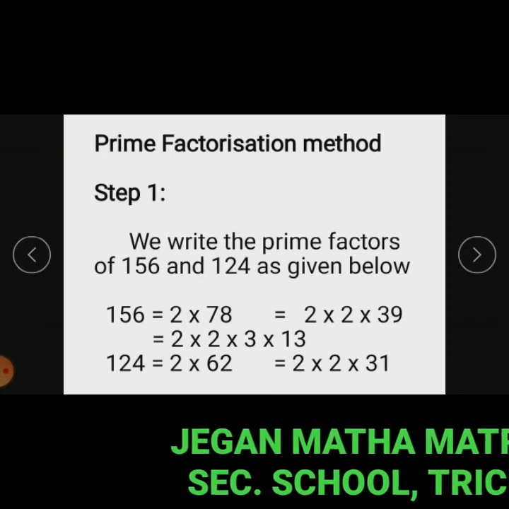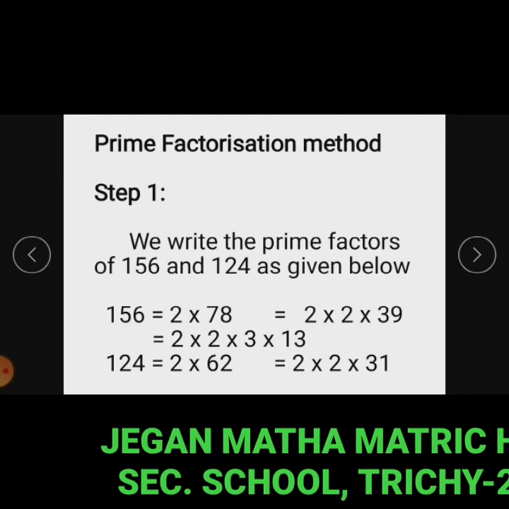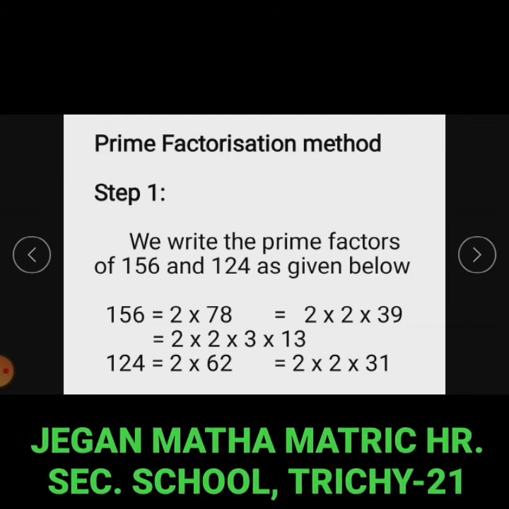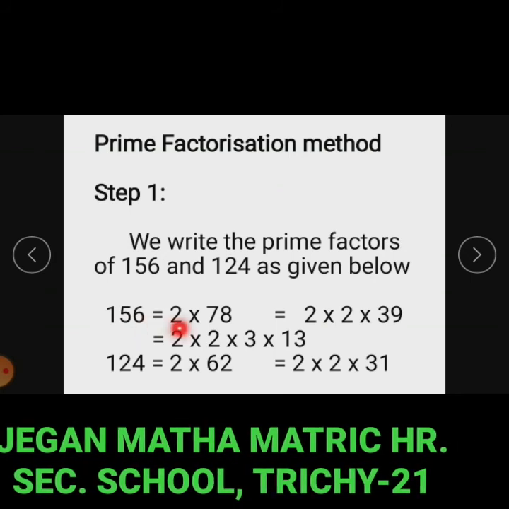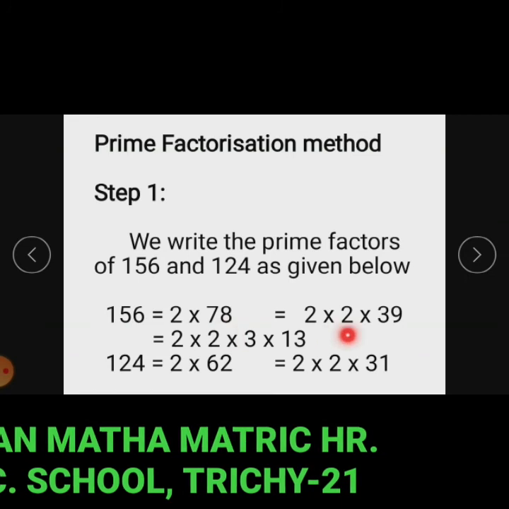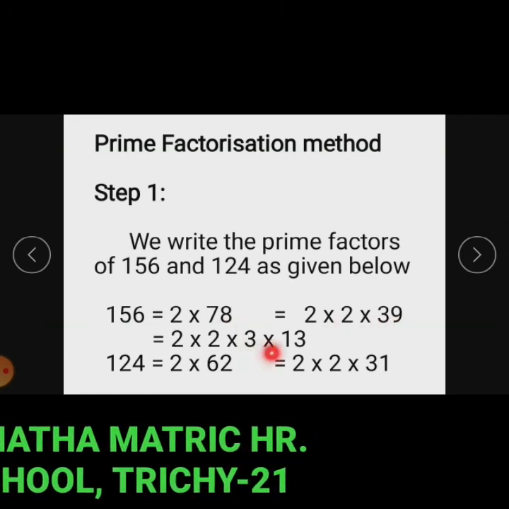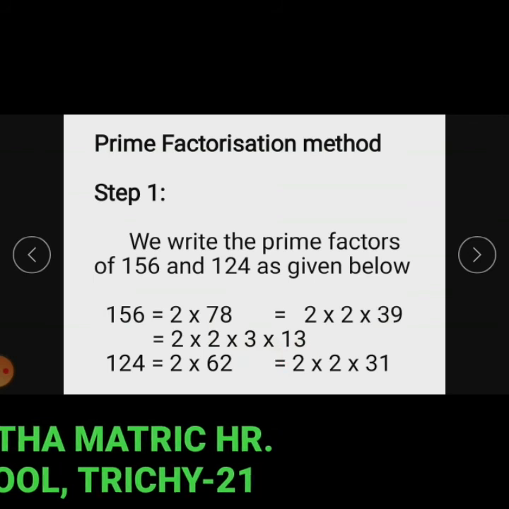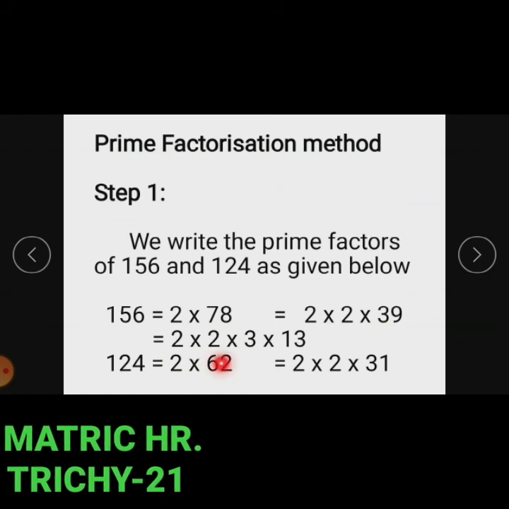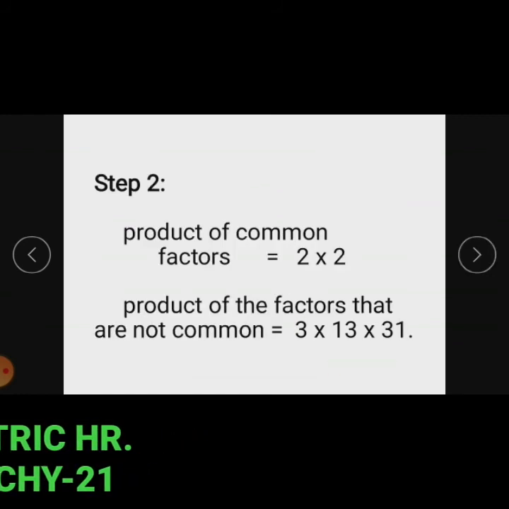Now we find the prime factors of 156 and 124 by the prime factorization method. 156 equals 2 into 78. 78 is divided by 2, we get 39. 39 is divided by 3, we get 13. 124 equals 2 into 62. 62 is divided by 2, we get 31.